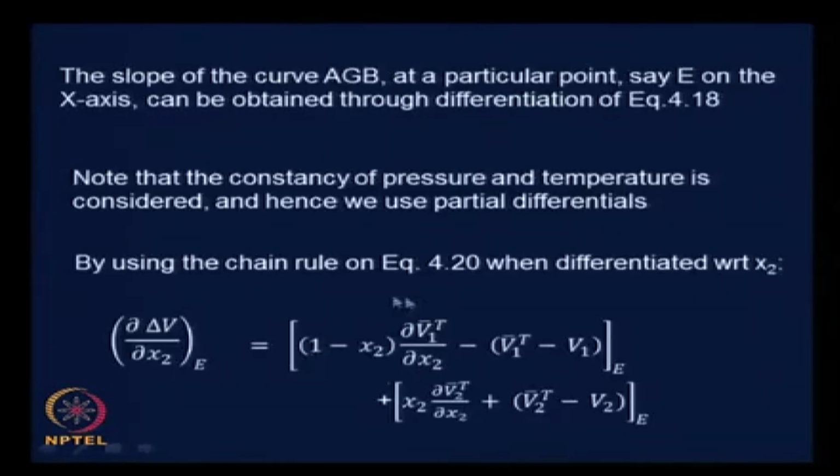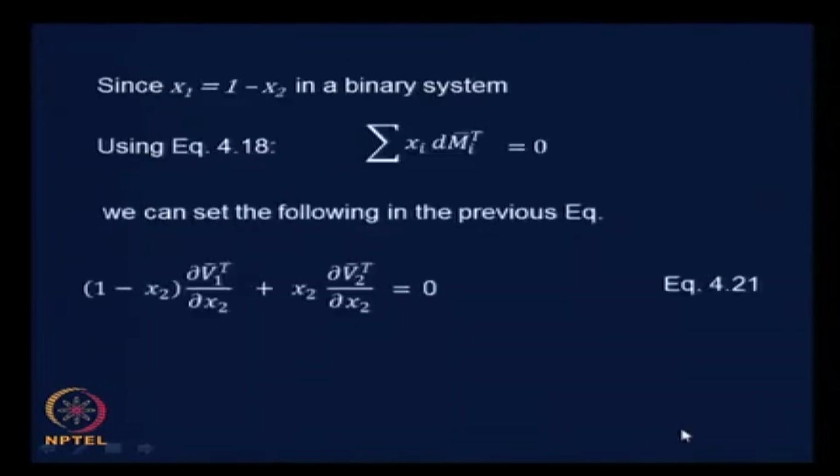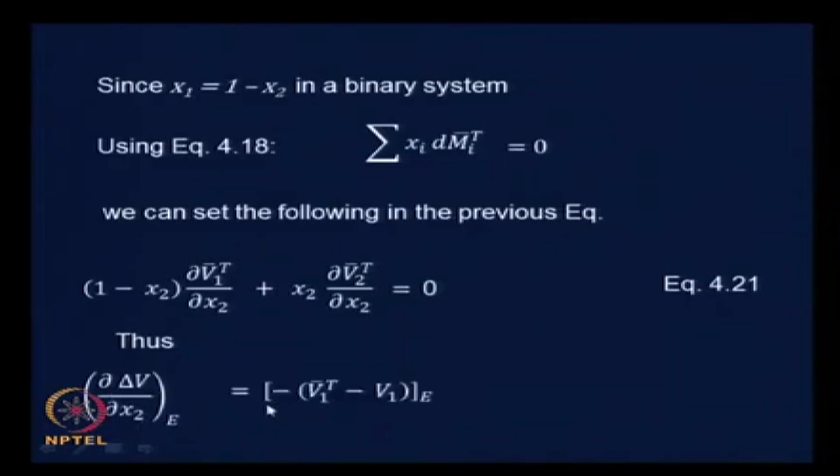The combination of these terms can be set to 0, and therefore dou delta V by dou x2 at E just happens to be these two terms. There is a minus here. So, let us write this first, (V2 t hash minus V2) at E minus (V1 t hash minus V1) at E, and that is what this one says. Therefore, dou delta V by dou x2 at E equals, we have taken the minus here first, does not matter, minus (V1 t hash minus V1) at E plus (V2 t hash minus V2) at E. It is okay. Equation 4.22.